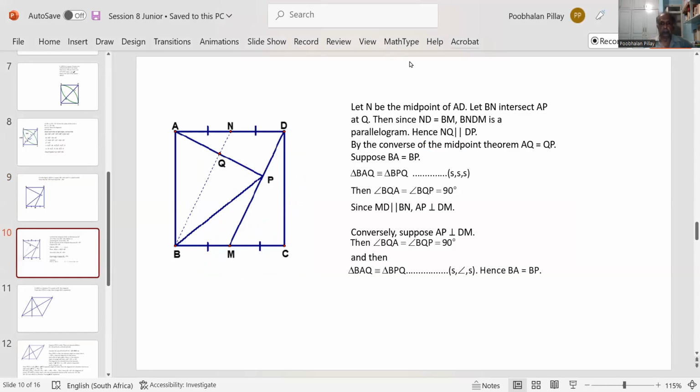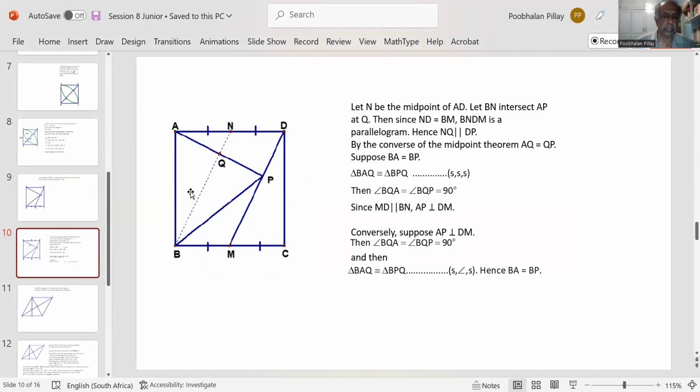So this is the full solution, which I just said in words, but if you want to write it down, this is how you would write it down. And please learn how to write it down from one step to the other and give reasons for every step. And the reasons will always be from some earlier theorem, right? So that is what we've got.